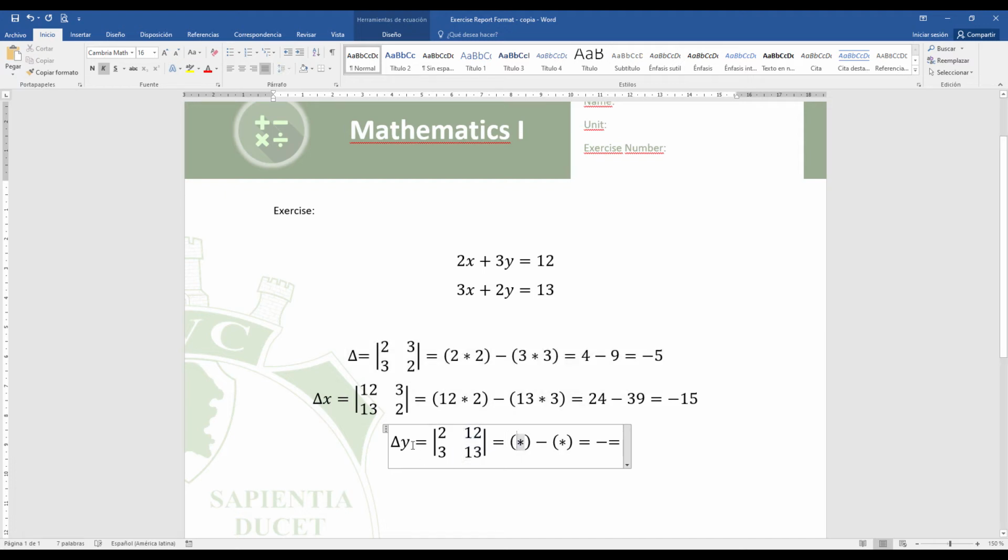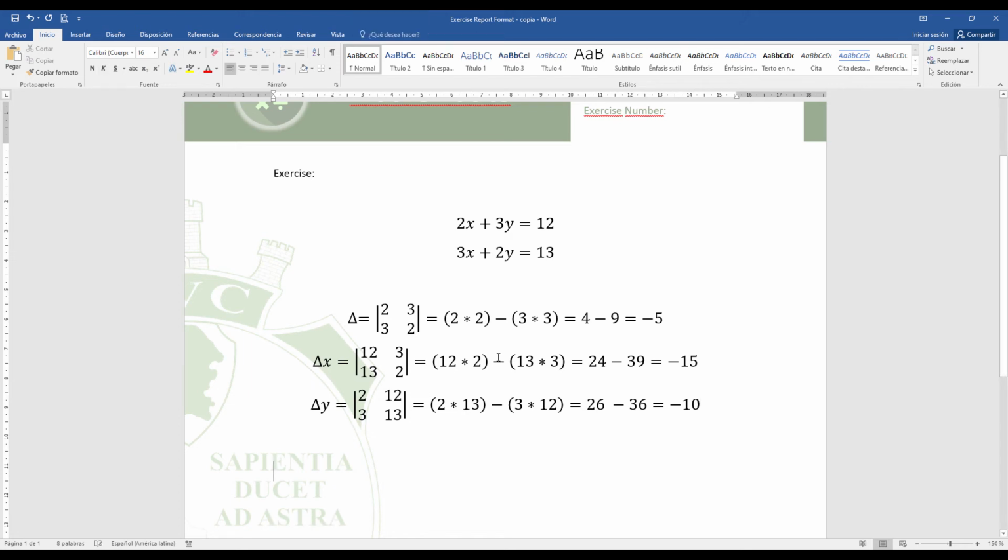The operation here is that the determinant is 2 times 13 minus 3 times 12. So here it is 26 minus 36, which is minus 10.